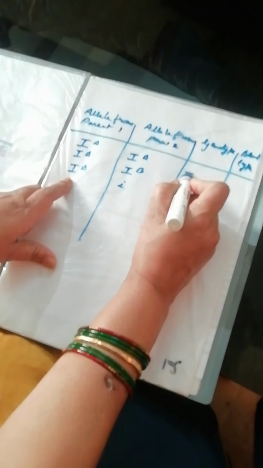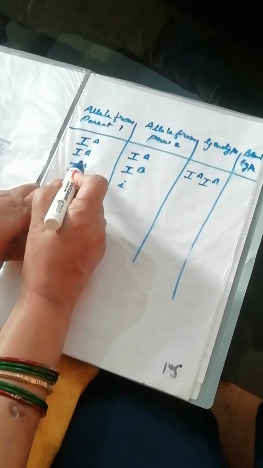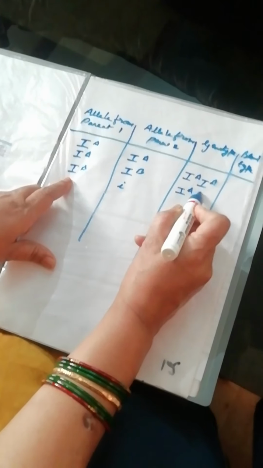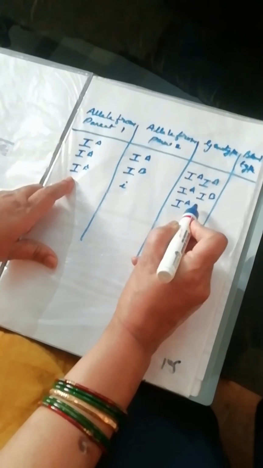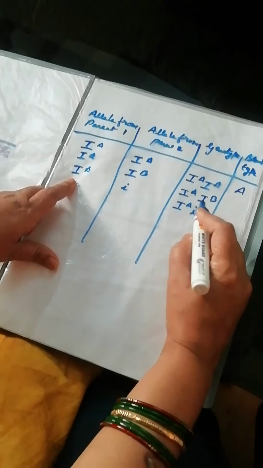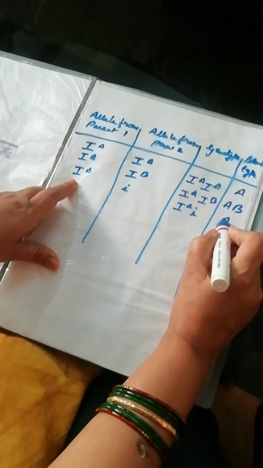So what would be the genotype in each case? If this is the combination, the genotype would be IA IA. If this is the combination, the genotype would be IA IB. And if this is the combination, the genotype would be IA and small i. So in the first case, the blood group will be A. In this case, the blood group is AB. In this case also, the blood group is A.